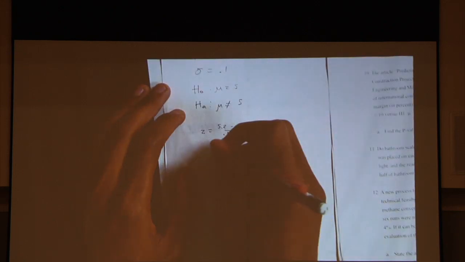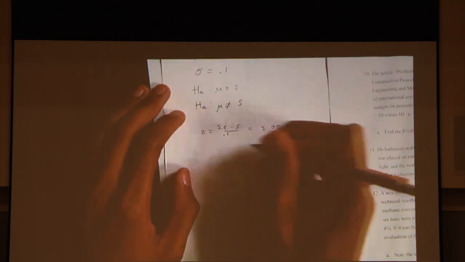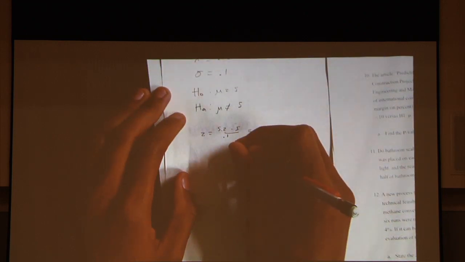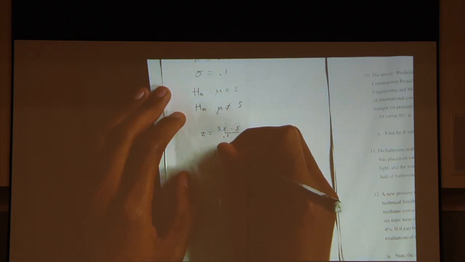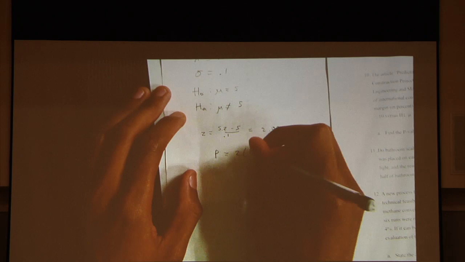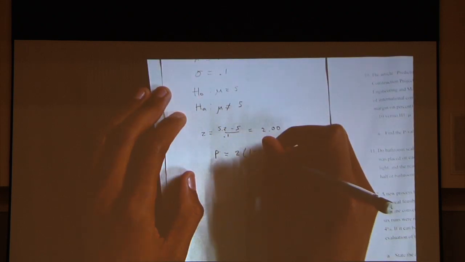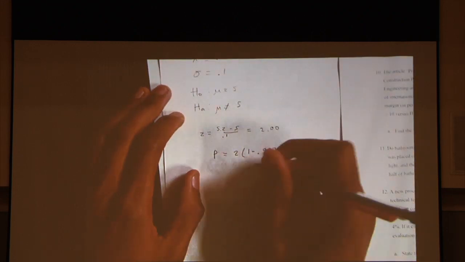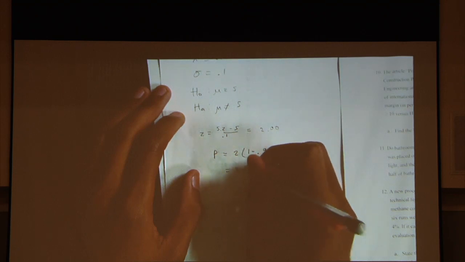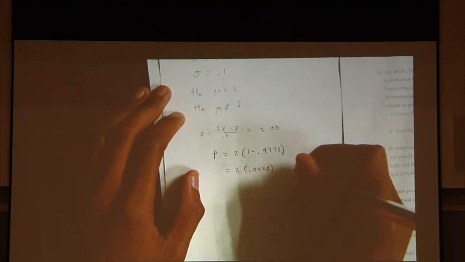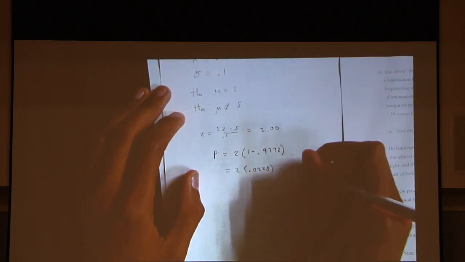So the probability of it not being equal to: the p-value is going to be 2 times 1 minus 0.9772, which is going to be 2 times 0.0228, and this is about 0.0456.